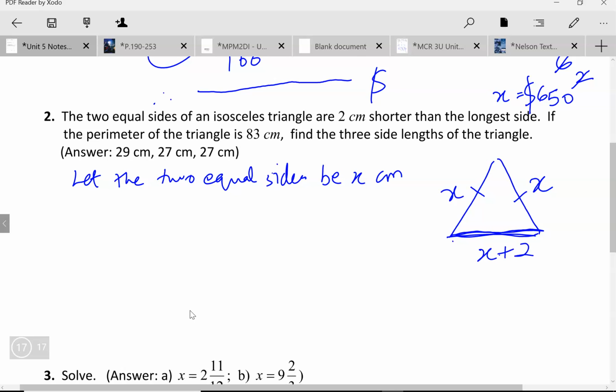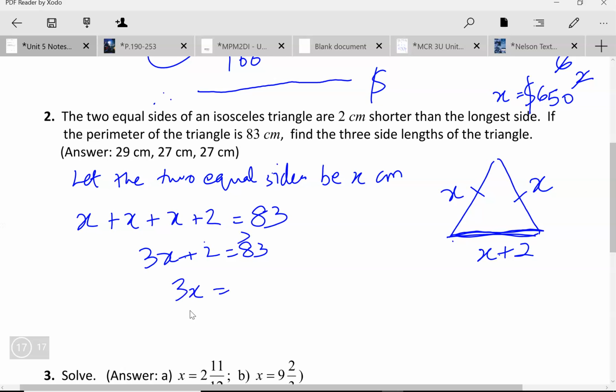If the perimeter is 83 centimeters, find the 3 side lengths. So, of course, perimeter is the sum of all sides. So X plus X plus X plus 2 equals 83. 3X plus 2 equals 83. Move the 2 first. 3X equals 83 minus 2, which is 81.